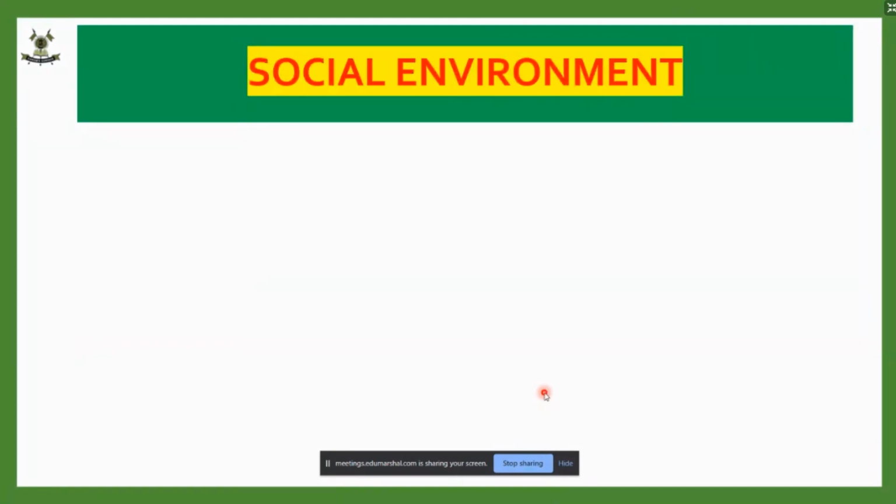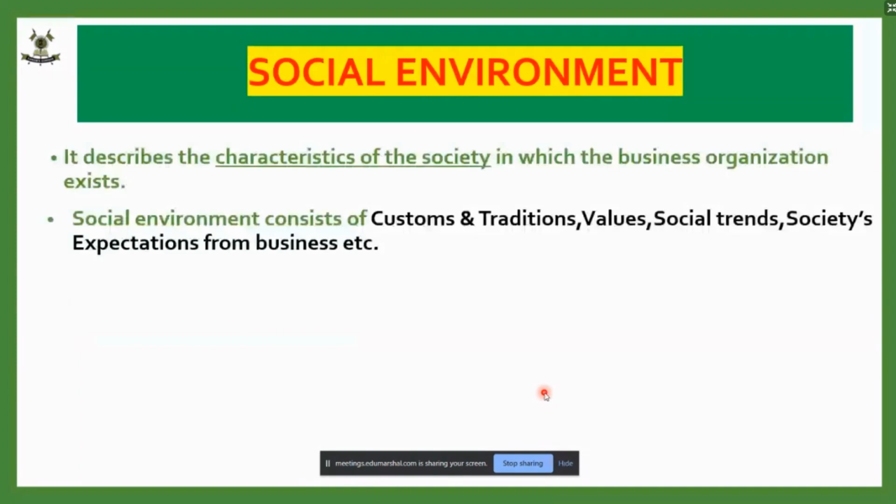So what is it? If you have to write a short note on the social environment, you should know what to write. It is the environment which describes the characteristics of the society, that is, the traditions, customs and values which are there in the society.